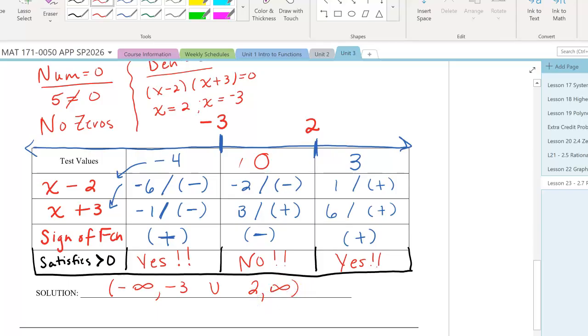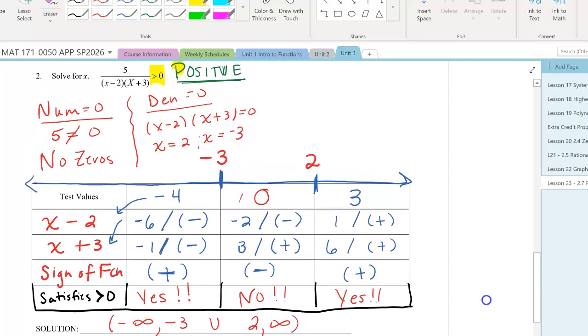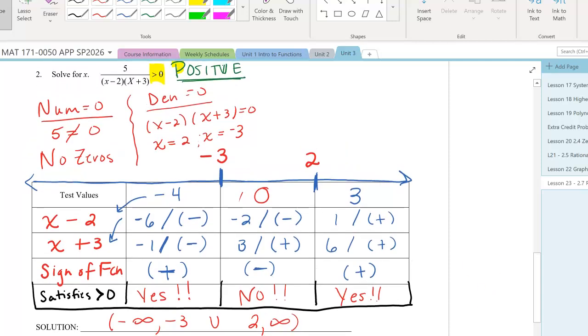The last thing I have to decide is whether I would put brackets or parentheses here. Since there's no equals to, I would put parentheses. However, even if there was an equals to, remember that with rational inequalities, you have the added problem that your boundary numbers could make the denominator 0.